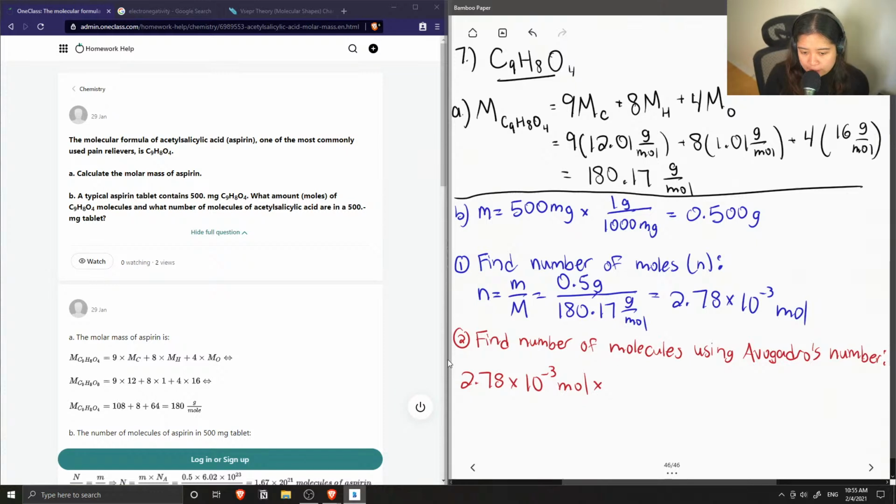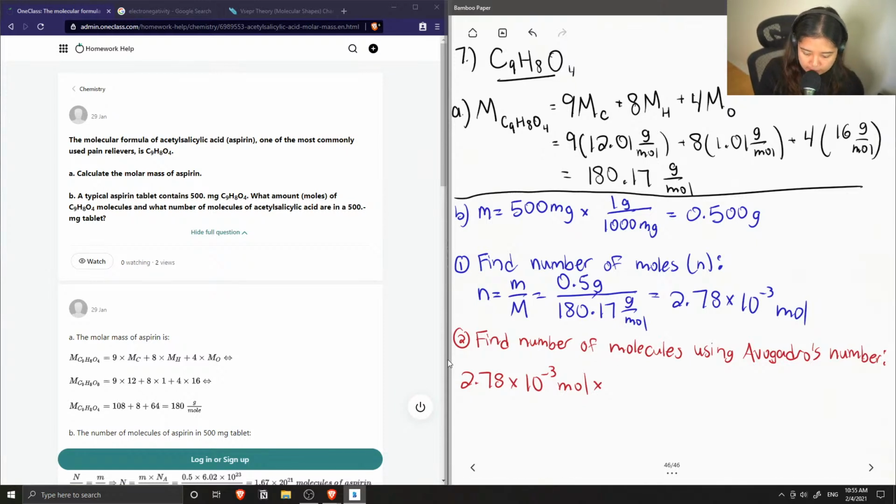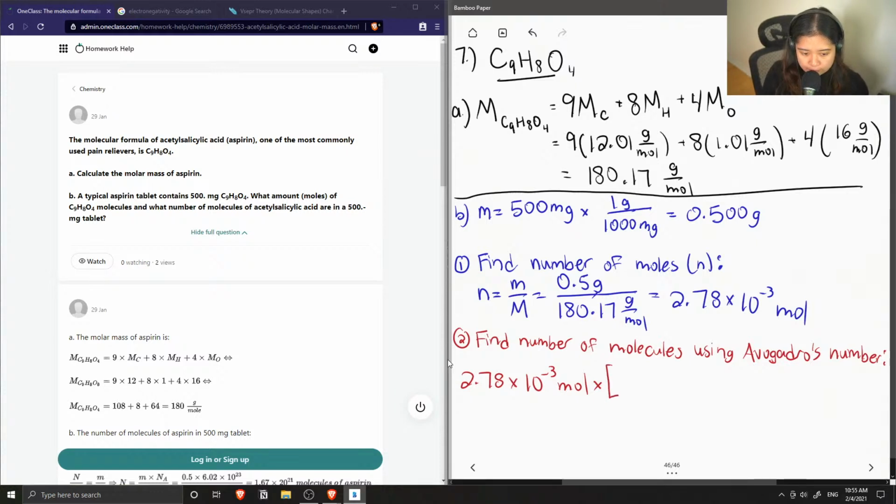If we multiply by Avogadro's number, this can tell us the number of molecules in this amount of moles. Avogadro's number is 6.022 times 10 to the power of 23, and its units are molecules per mole. If we multiply the two, you'll see that our units of moles cancel out, and we're left with our value in molecules, which is 1.67 times 10 to the 21 molecules.